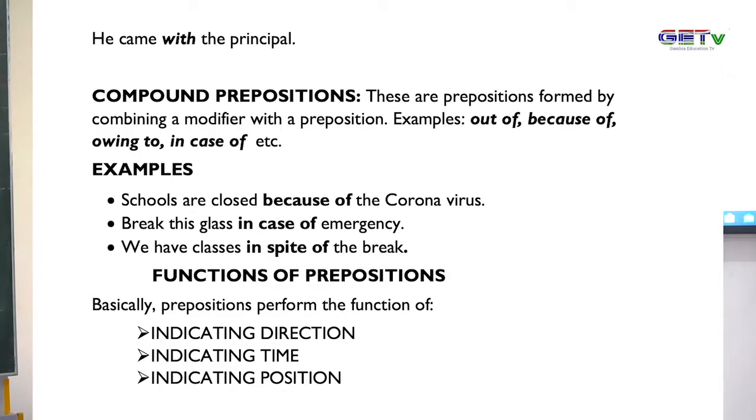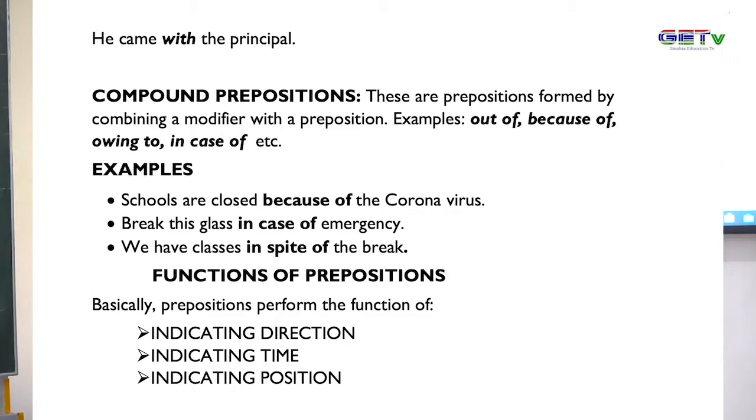All these prepositions are connecting one thing to the subject. That's either the school, breaking of the glass, or we having the class. So they maintain a good relationship between the subject, which could be a noun or pronoun, and any other word in a sentence.